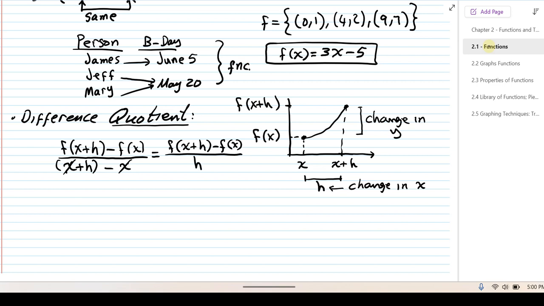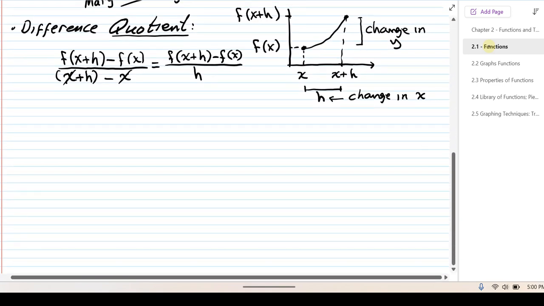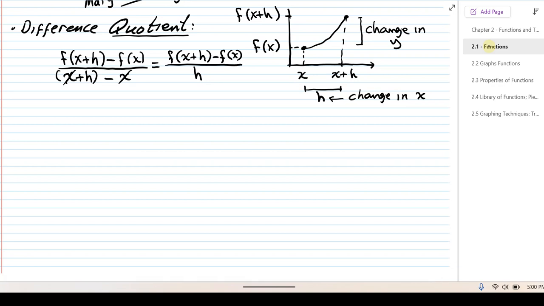Now, this may be a simple fraction, and it is a simple fraction, but it has really interesting consequences in calculus. Okay, so that's what the difference quotient is, and I'll show you an example of a difference quotient with specific functions in just a moment.